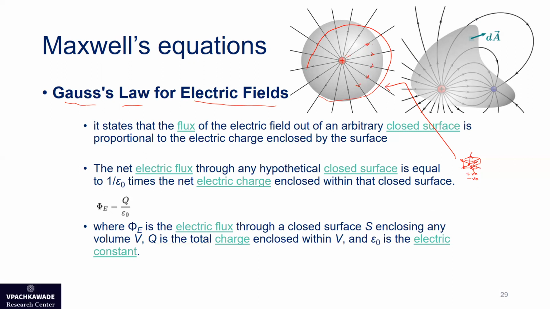Close to this charge, within this closed surface, the electric field is stronger, and as we move away from this charge, the electric field is weaker. This we know from the theory of electrostatics. The more lines we draw here, the stronger the electric field.